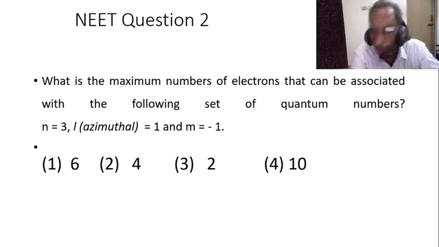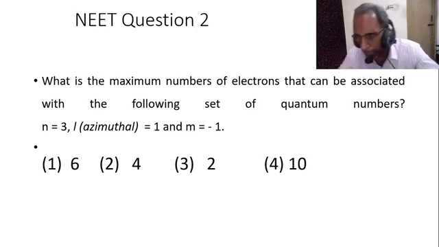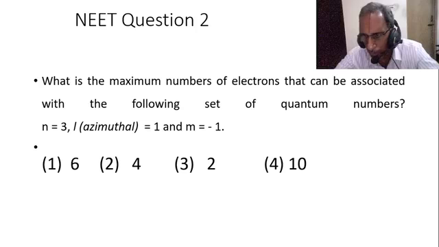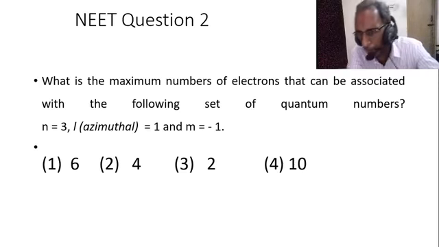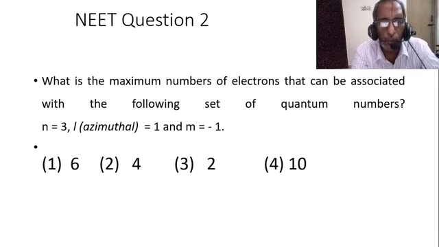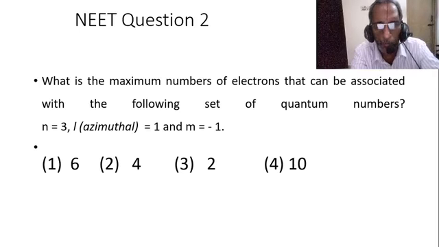Next question. What is the maximum number of electrons that can be associated with the following set of quantum numbers? Everybody please carefully observe, and you also have the booklet with you. If you have any doubt, get it clarified now itself. I assume that everybody is understanding.